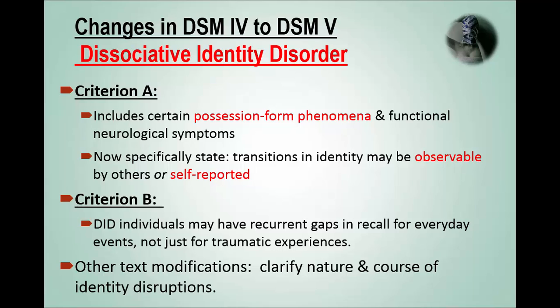Criterion B, which addresses the amnesia, has been extended to include current and recurrent gaps in recall for everyday events, not only for the original traumatic experience. Other text modifications clarify the nature and time course for identity disruptions.